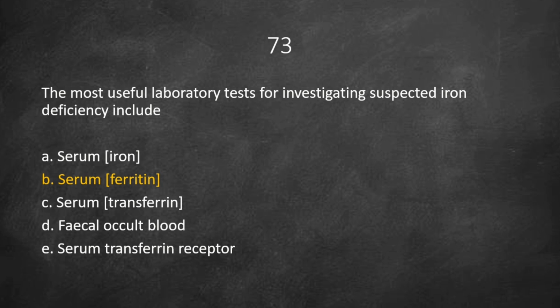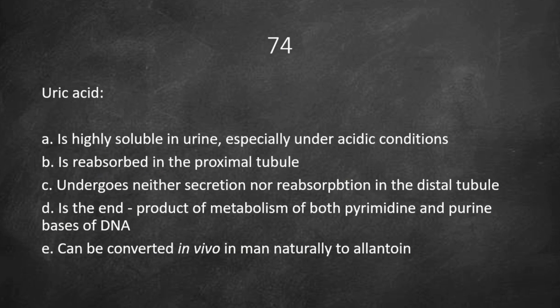Okay, let's move to question 74. It says that uric acid: A, is highly soluble in urine, especially under acidic condition; B, is reabsorbed in the proximal tubules; C, undergoes neither secretion nor reabsorption in the distal tubules; D, is the end product of metabolism of both pyrimidine and purine bases of DNA; then E, can be converted in vivo in man naturally to allantoin.